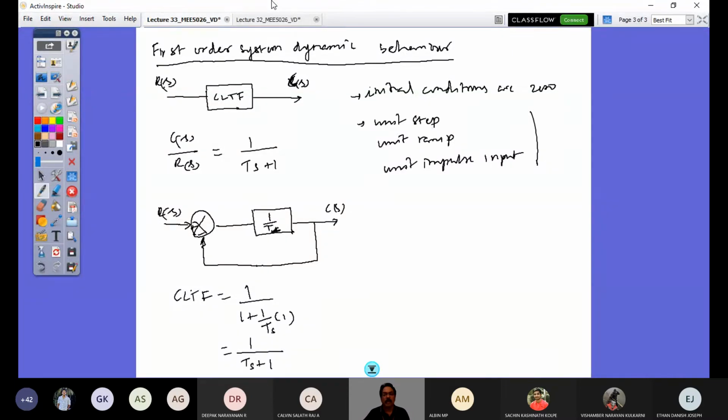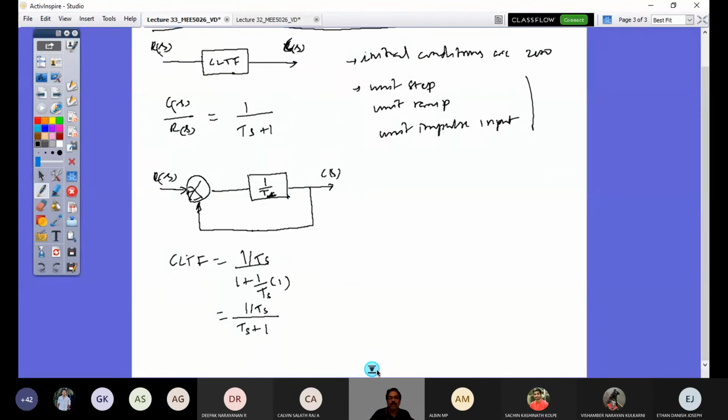So it is G of S by 1 plus G of S into H of S, where H of S is 1. So my closed loop function has G of S, that is 1 by Ts, in the numerator, and in the denominator I take this LCM, Ts, so this is going to be 1 by Ts plus 1.